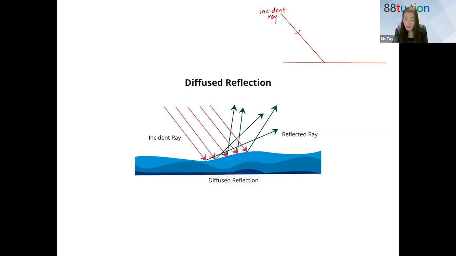Then how does it get reflected? To be accurate, you need to draw the normal. We usually represent this with a dotted line or dashed line. This is the normal. We will label it this way. Don't say normal line, it's normal.